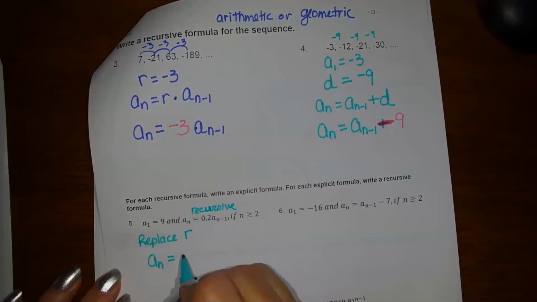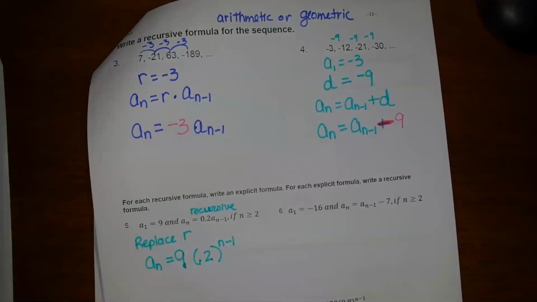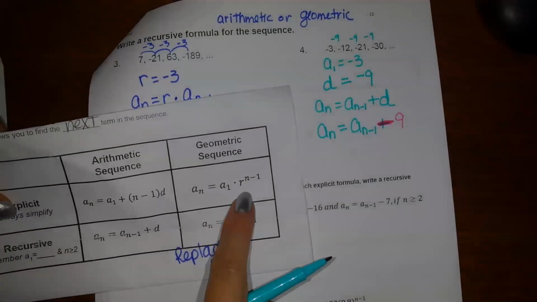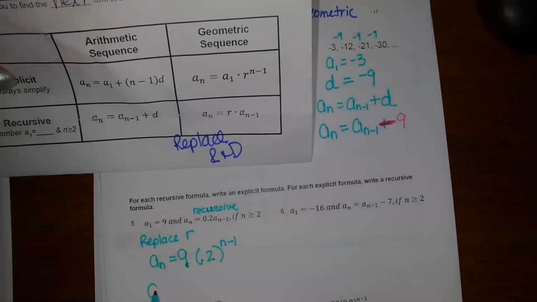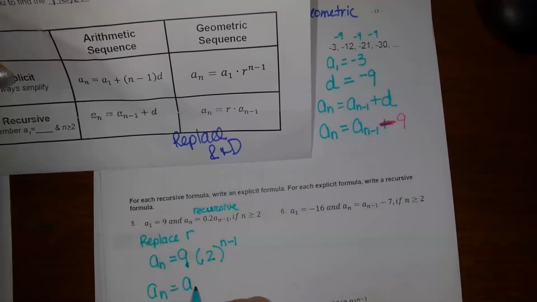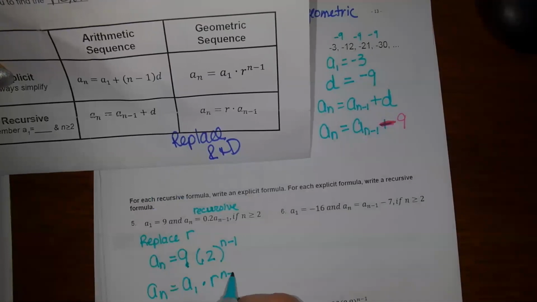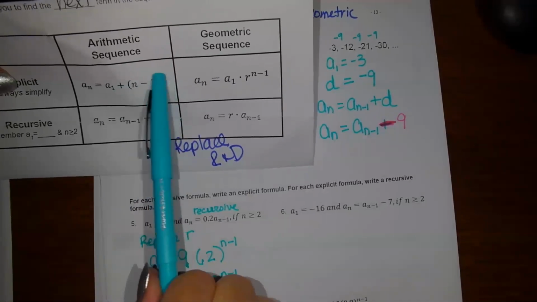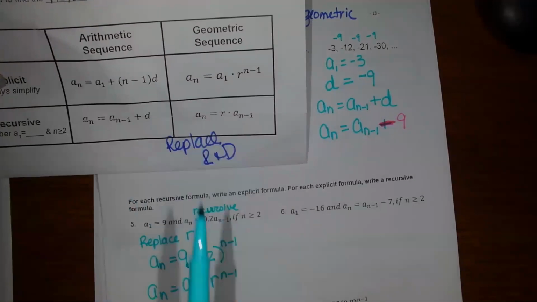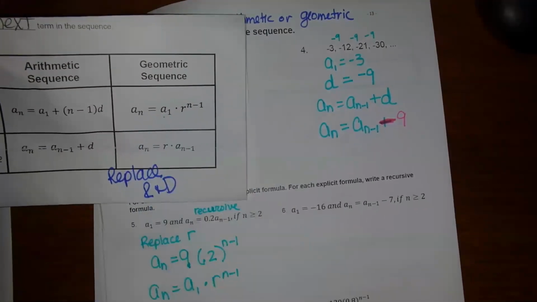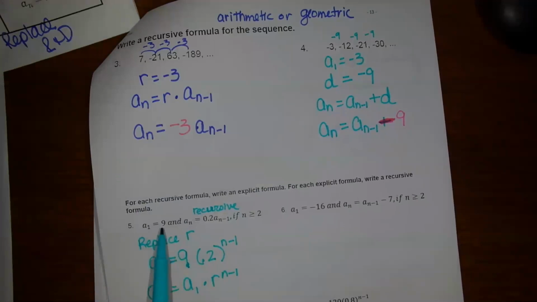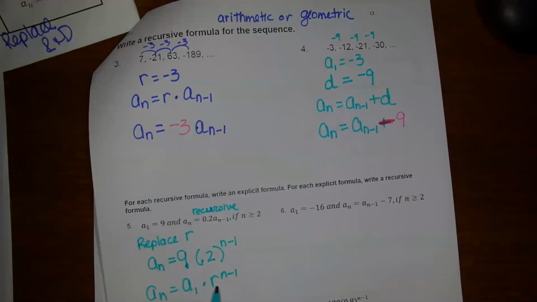And then my first one, which is 9. So I'm going to say 9 times 0.2 to the n minus 1. And that comes from our geometric explicit, right? It's a to the n equals a1 times r to the n minus 1. You have this in your notes, but I want to be able to point at it. So what we do, right? a1 times r to the n minus 1, we write a1 down, which we've been told is 9, and we fill r in, which we can see is 0.2.